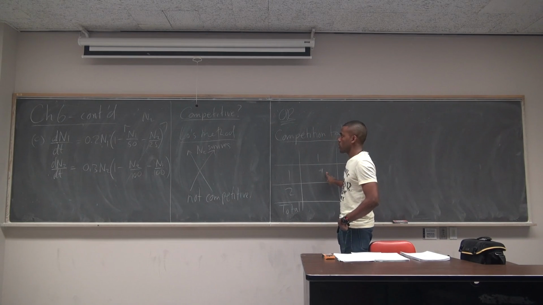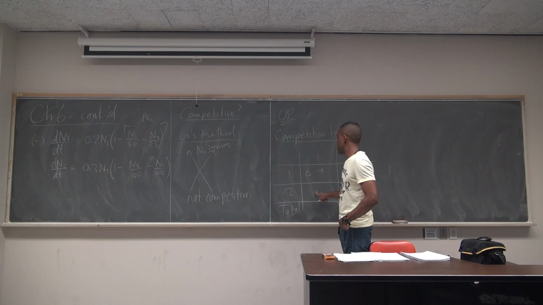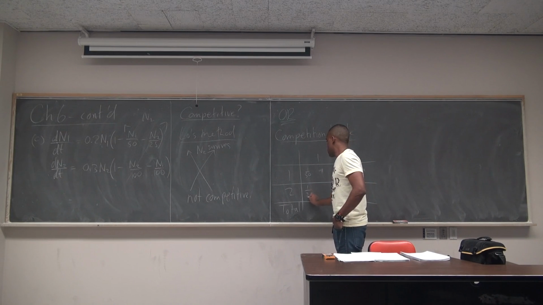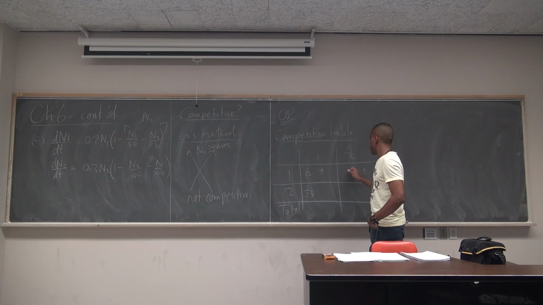The effect of species 1 on itself, which is 1 over 50. And species 1 on 2 is 1 over 100. 2 on 1 is 1 over 25. 1 on 2 is 1 over 100. And 2 on 2 is 1 over 100.